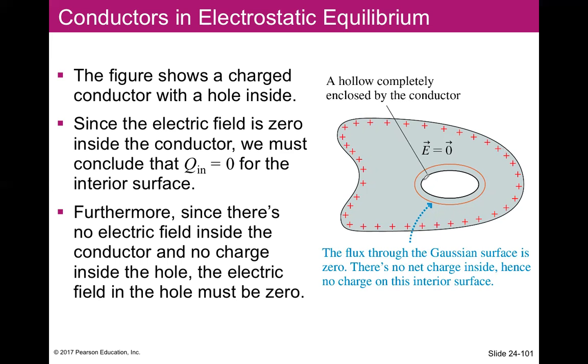So still, if you make a Gaussian surface here or here or here, it will not include any charges. And then the net charge inside the hole is always 0. And inside the surface of the cavity or hole is 0. And the electric field lines are also 0.